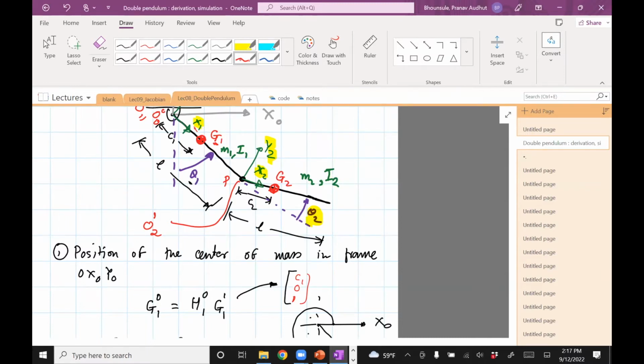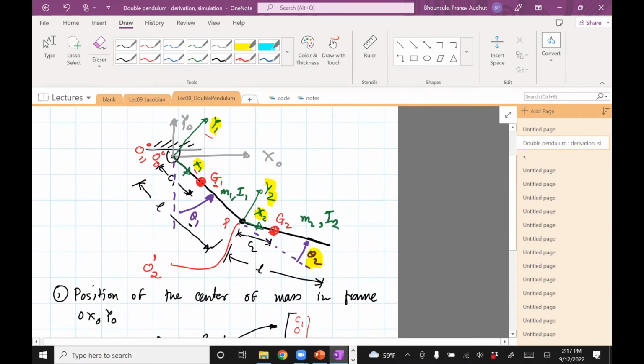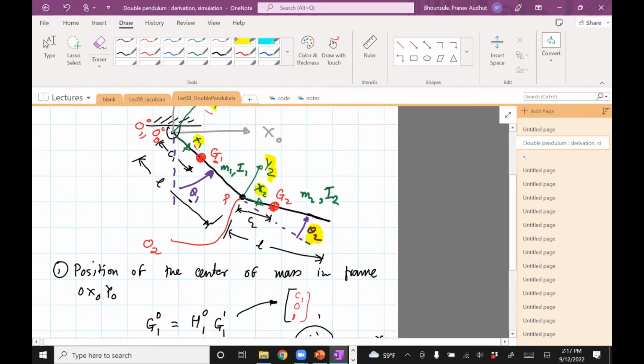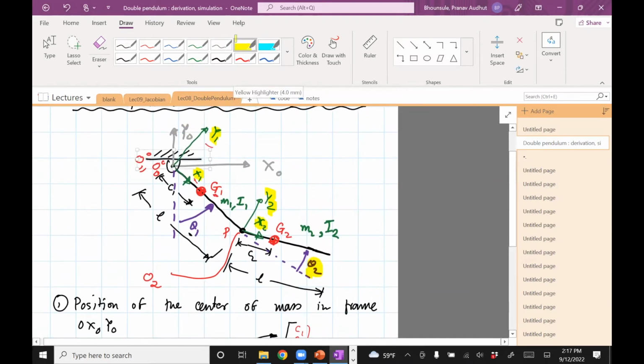Okay, so with respect to frame 1, which is this frame, the position of this point is going to be at a distance of L along the x1 axis, along this axis.